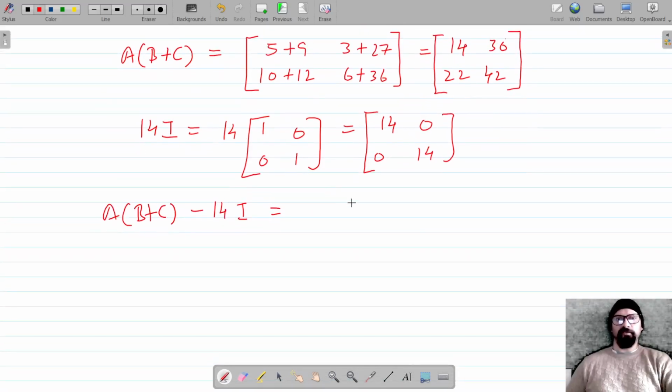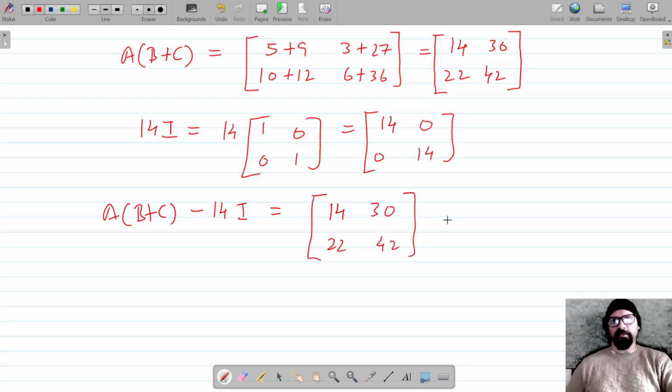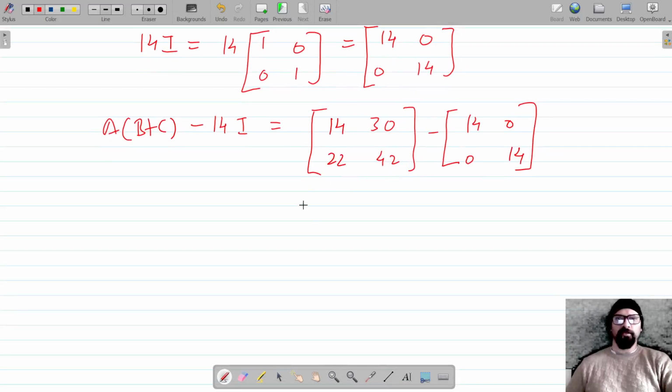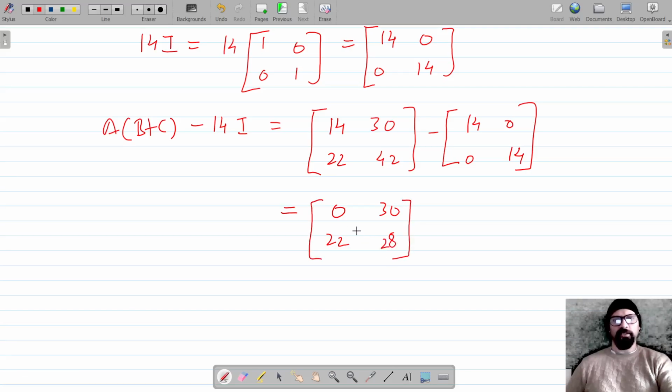So A into B plus C is 14, 30, 22 and 42, and we have to subtract minus 14I, which is 14, 0, 0 and 14. So 14 minus 14 is 0, 30 minus 0 is 30, 22 minus 0 is 22, 42 minus 14 is 28. So this is 0, 30, 22 and 28.